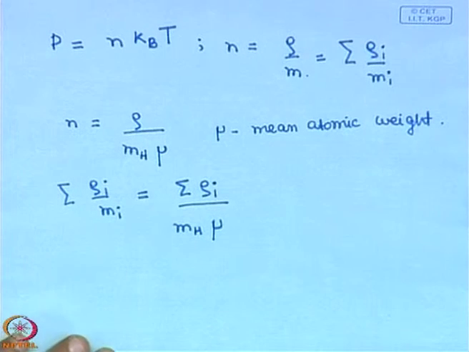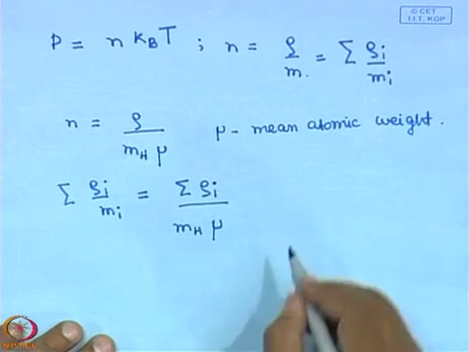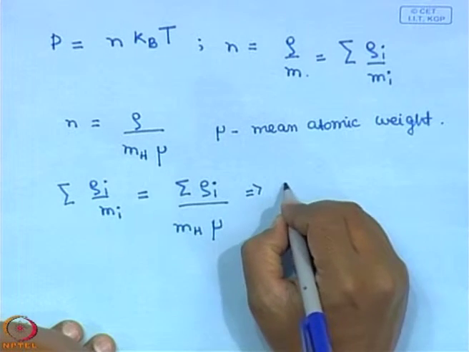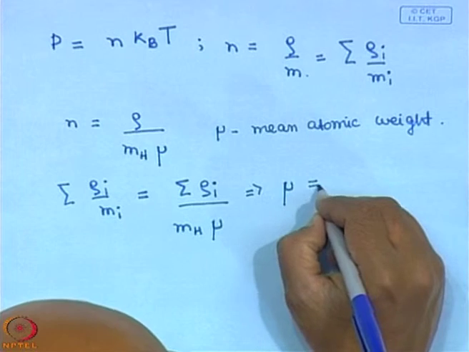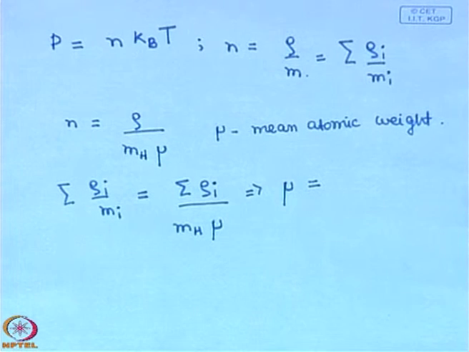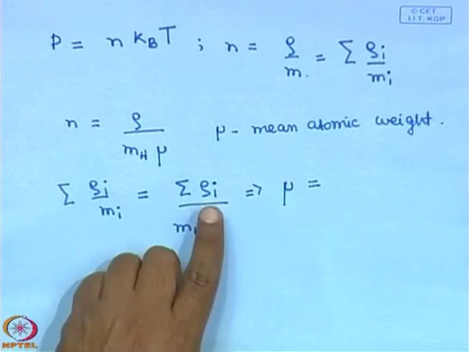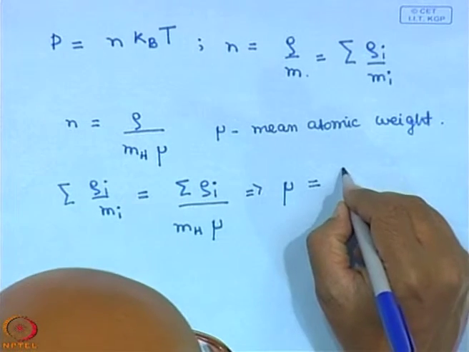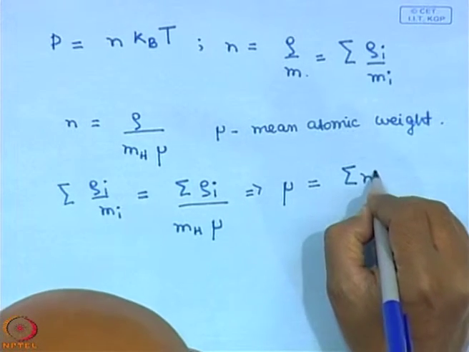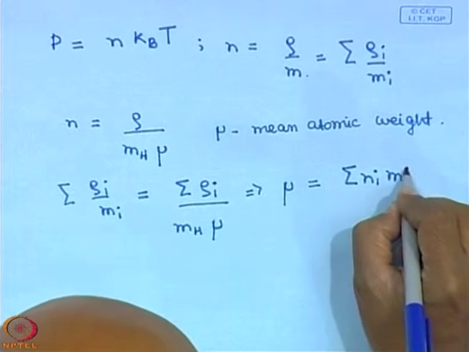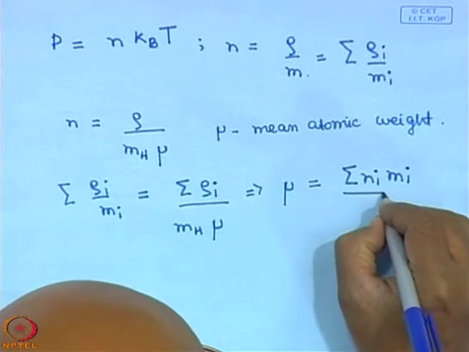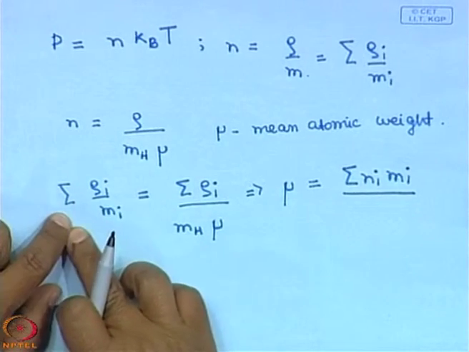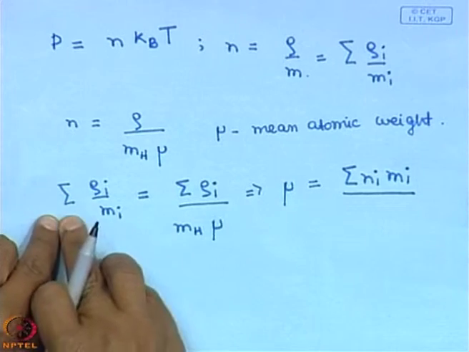Right. So from here we see that mu is equal to, now the mean density is the number density of each species into the mass of each species, that is rho, divided by, this is the number density of each species, the sum over that.